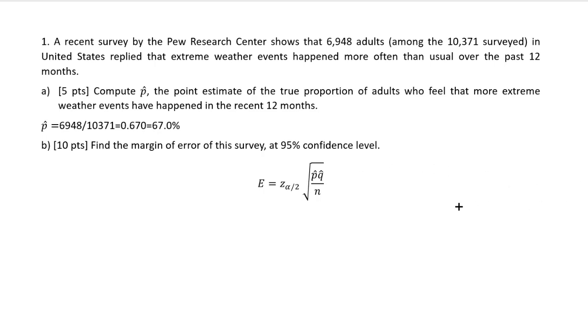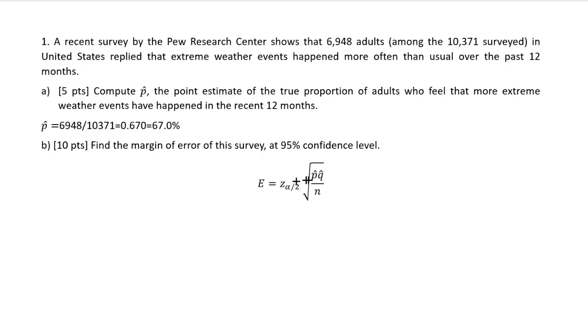Now, there are margin of error formulas for estimating population mean, and there's something for estimating population proportion, and you have to know which one to use. The P and Q are the ones for the proportion.